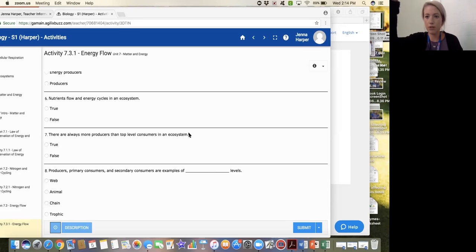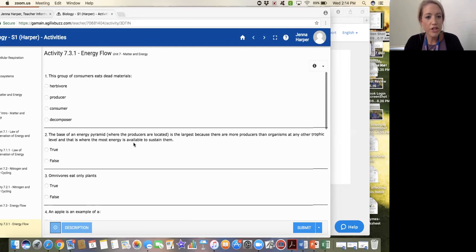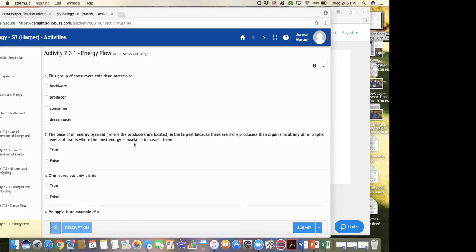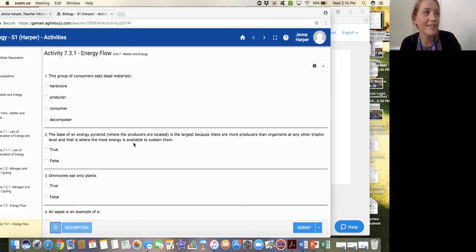Every time you go up to a new level, you're going up to a different trophic level, and there's less energy as we go up the chain. Did everybody understand those pretty well? You guys are rocking it. When you get to activity 7.3.1 in biology semester 1, you guys better ace it. No pressure, but I'm pretty impressed. I expect it's going to be awesome.